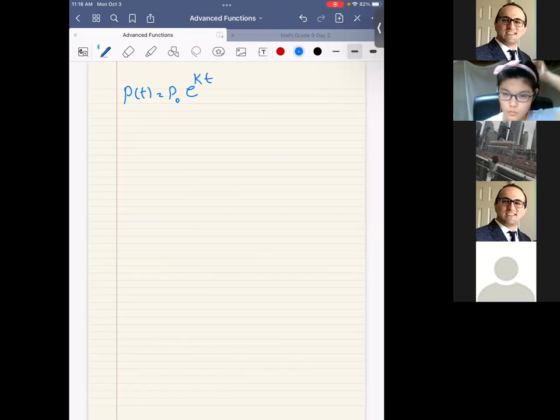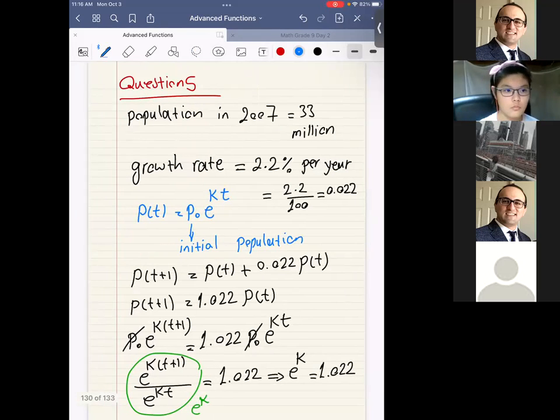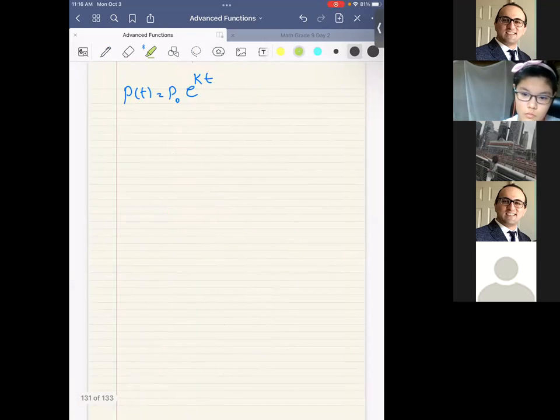But I know that e to the power k is 1.022, so if I plug it in, it is equal to P0 times e to the power k, to the power t.